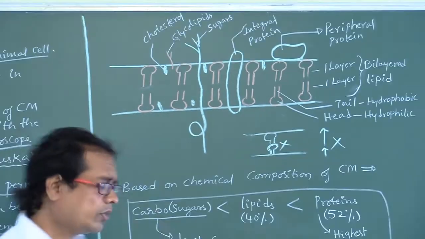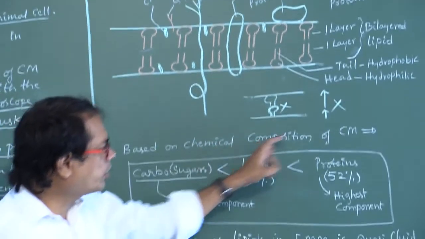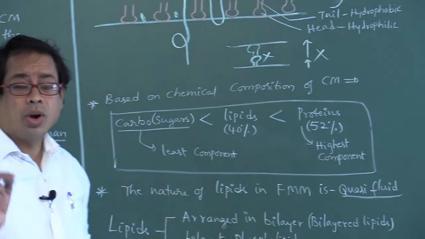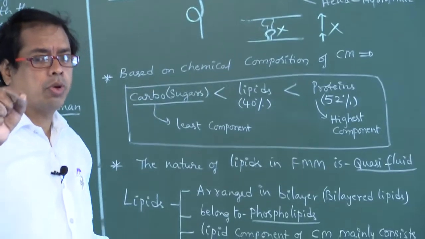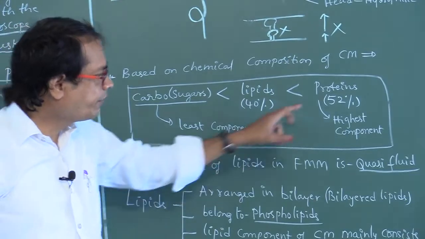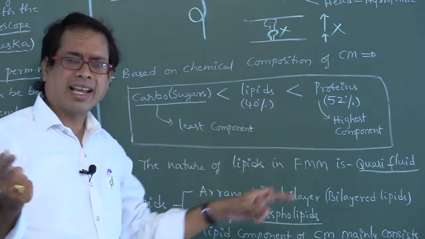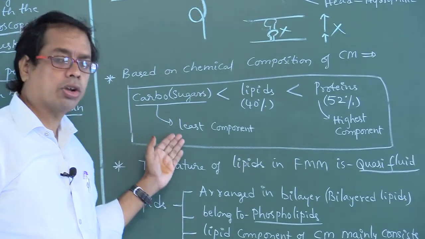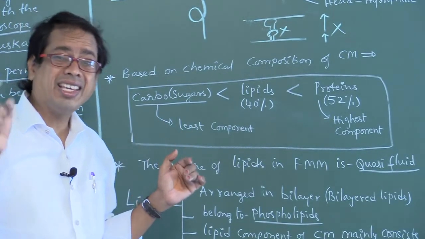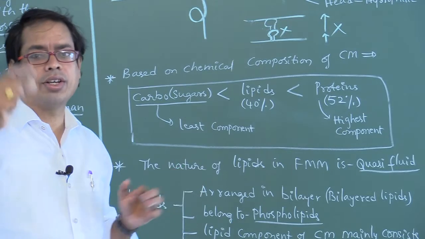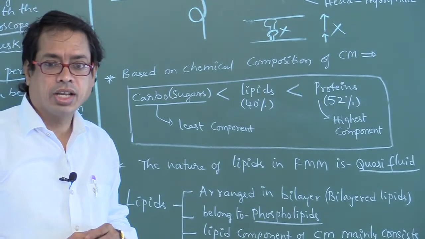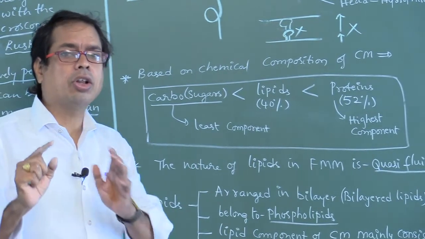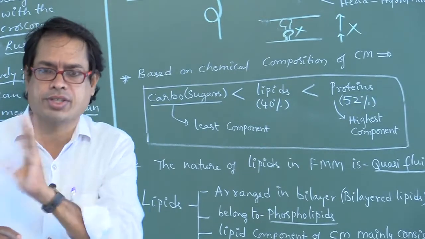Okay. So based on the chemical composition of the cell membrane, what is the highest component? Proteins. How much? 52%. Second highest, lipids. Least means carbohydrates. The highest and the least components: highest means proteins, least component means you have to write carbohydrates. Don't write lipids.